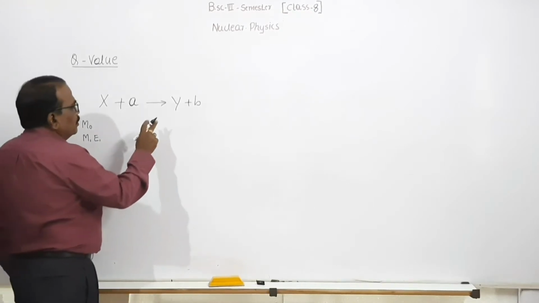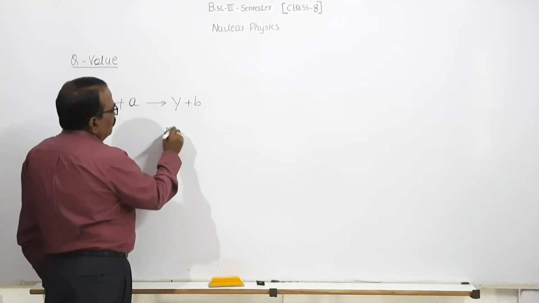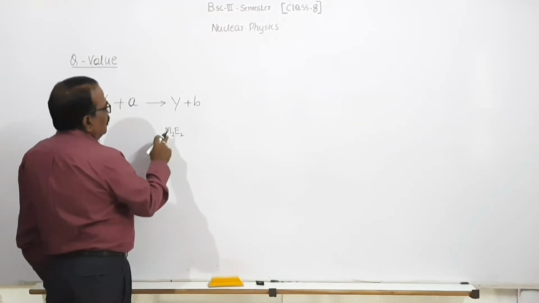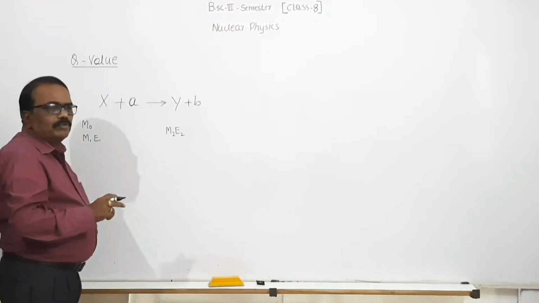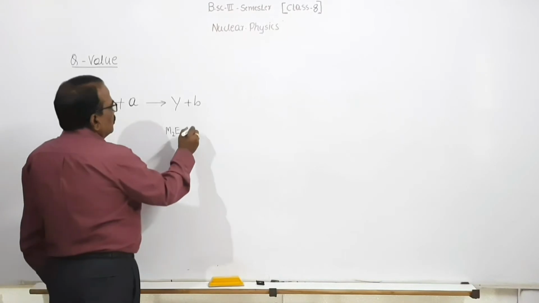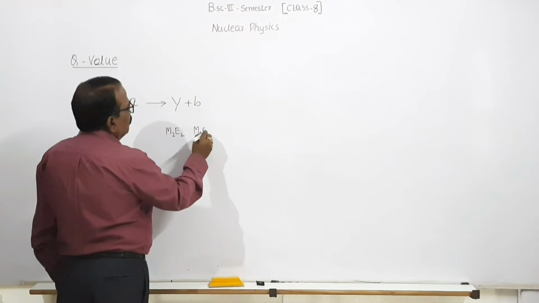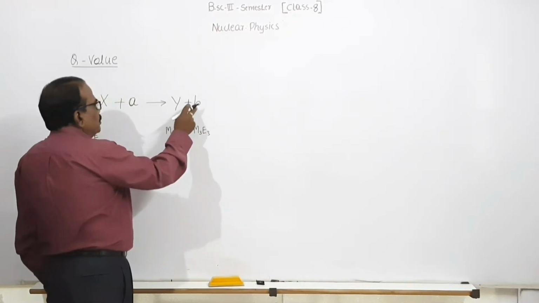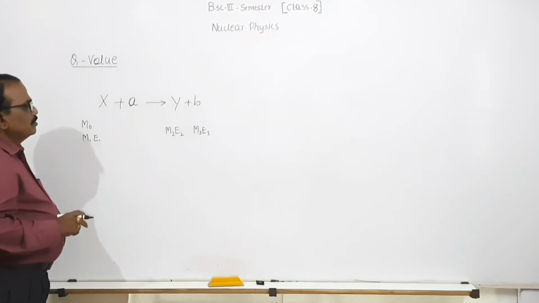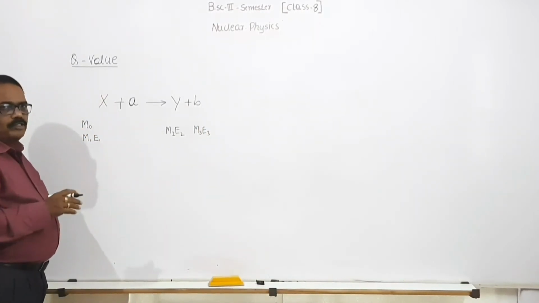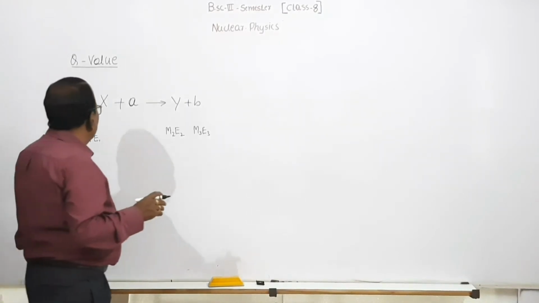In the same manner, m2, E2 represents the mass of y and kinetic energy of y. And lastly, m3, E3 represents the mass of b and its kinetic energy. So conservation of mass and energy takes place in this reaction.